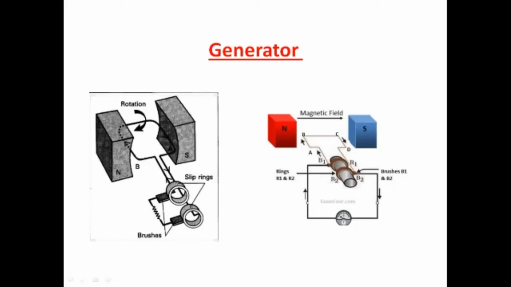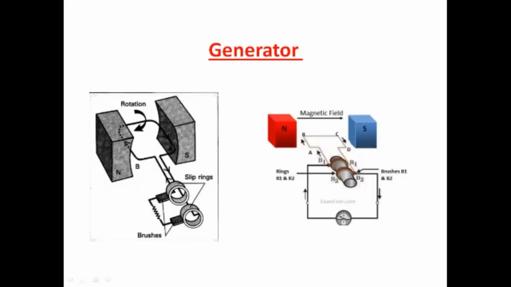When we give mechanical energy to a generator, the armature coil rotates inside the magnet, between the north and south poles of the magnet. The rotating action of this armature coil produces electricity.